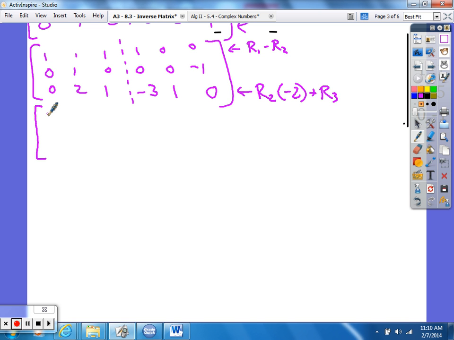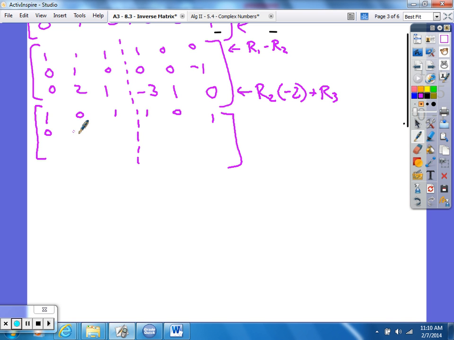So if I do the top, I get 1, 0. Row 1 minus row 2. That would be a 1, 1, 0, 1. That's the only thing you have to be tricky about or careful about, Ryan, is 0 minus negative 1 is positive 1.